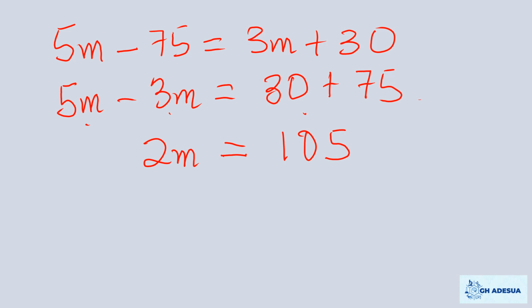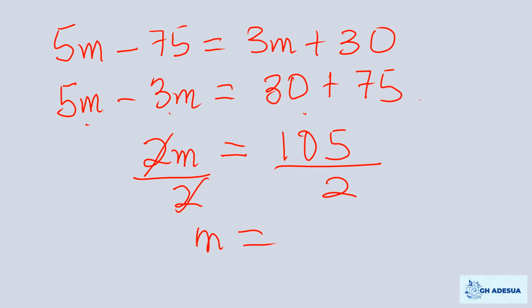And you want m to stand alone, so you divide this by 2, that by 2. This will leave m for us here. Then 2 into 10 is 5. Then 2 into 5 is 2, remainder 1. So it becomes 52 and 1 over 2.